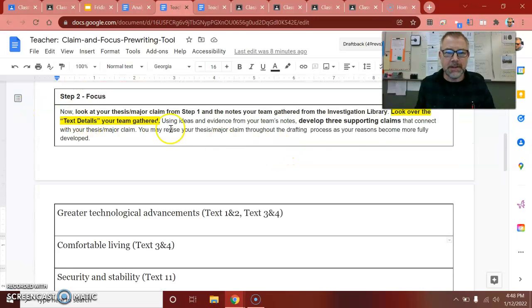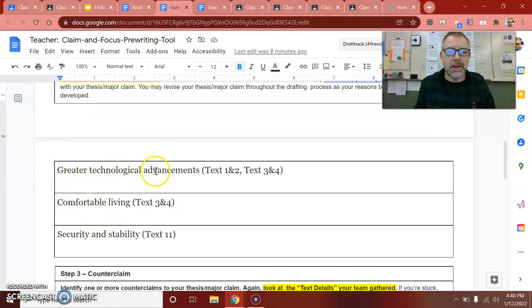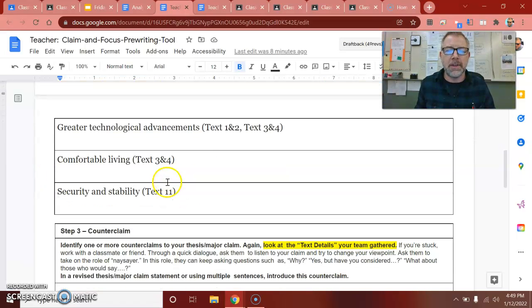And then the next thing we did yesterday was we sort of gave the categories of our supporting claims, thinking of things like greater technological advancements that agricultural societies have. I could talk about that in a whole paragraph and use text from Station 1 and 2 comparison and Station 3 and 4 comparison.